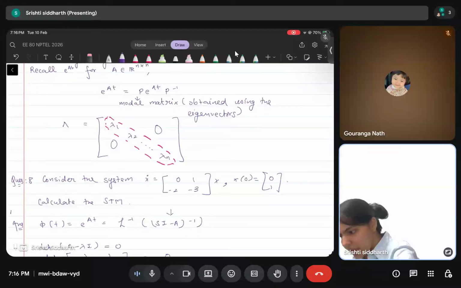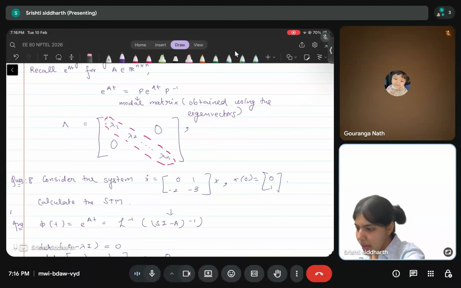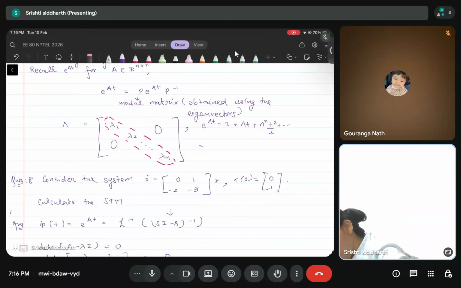And if it's a diagonal matrix, you can see by expanding e to the power Lambda t that we'll have non-zero values only at the main diagonal, and this is e to the power lambda 1 t, up to e to the power lambda n t.